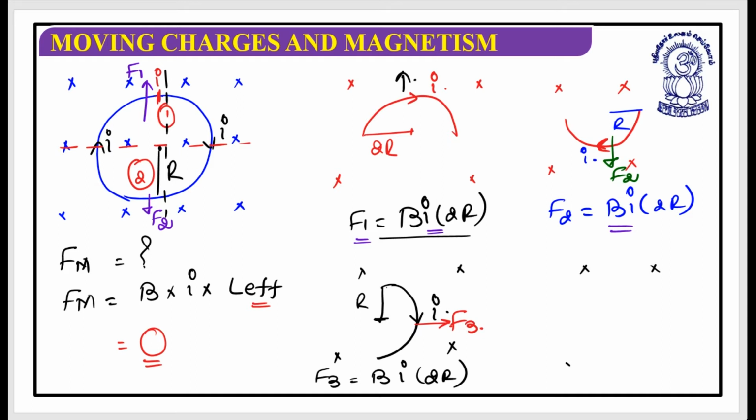Now find out the direction of the force on the second quarter. It is something like this. Current is moving like this.